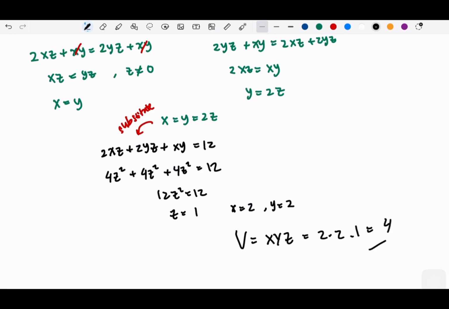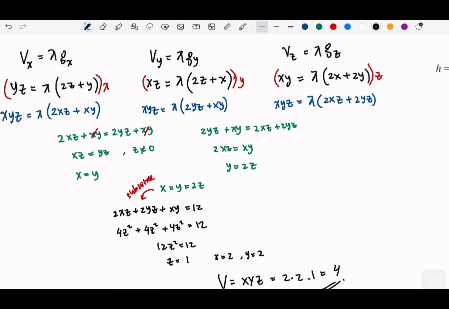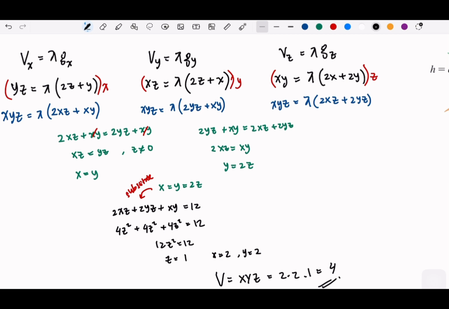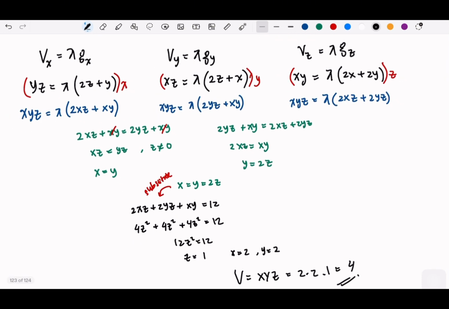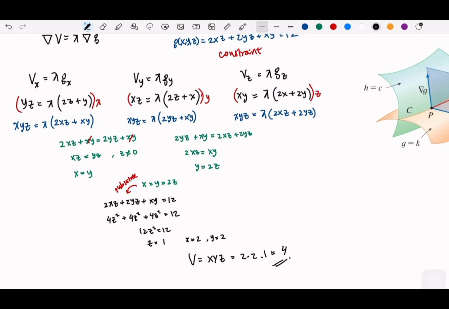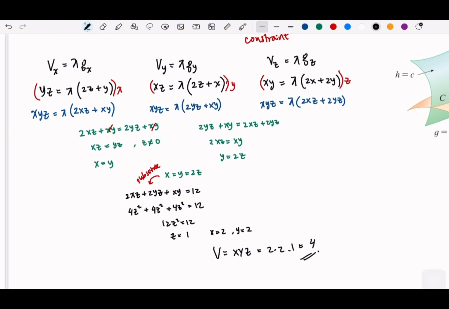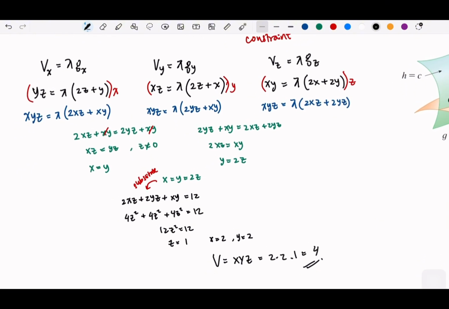It's 4. Okay. So this is for constraint 1.